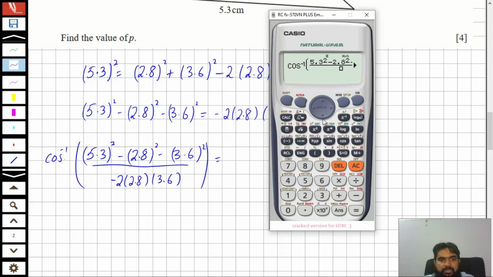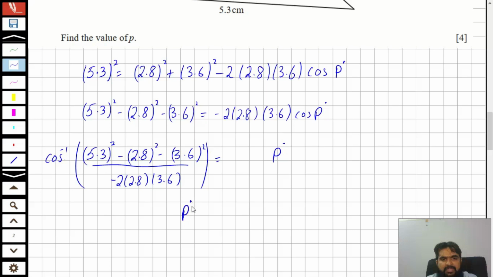Now go into the denominator. In the denominator you have minus 2 multiplied by 2.8 multiplied by 3.6. Now close the bracket. Now the answer was 111.19.